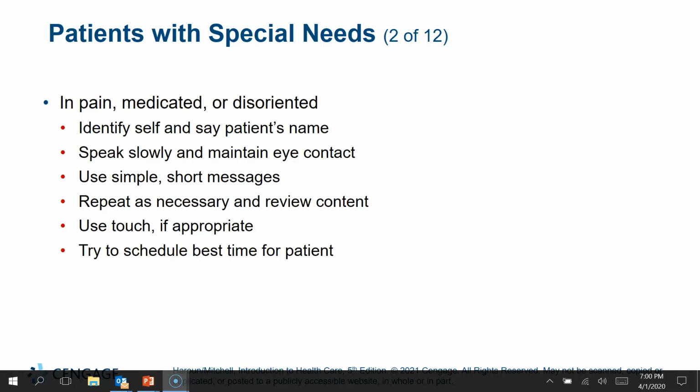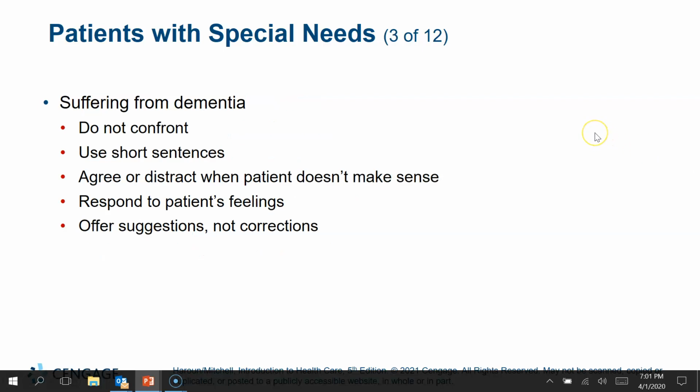I remember when I had my knee replacements done, I knew what my schedule of pain medication was going to be, and I wanted to try to get to where I needed to be about a half hour after I took the medication, because I knew I was going to be in the least amount of pain at that time. I didn't want to have to wait until the pain medicine was wearing off. So it really is important that we think about those kinds of things.